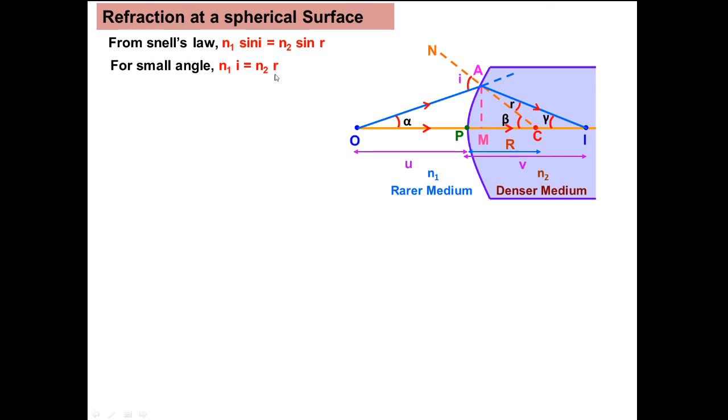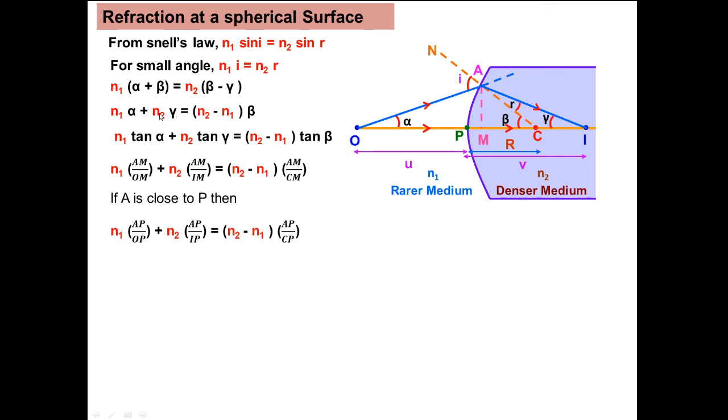For small angles we can write N1 i equal to N2 r. Now, in the triangle AOC, i is the exterior angle, so we can write i equals alpha plus beta. And in triangle ACI, r equals beta minus gamma.